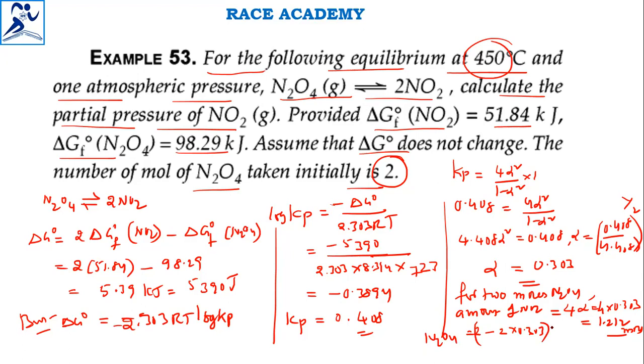Upon simplification, you will get this answer as 1.394 moles. So you have the number of moles of N2O4 and NO2 for this case.